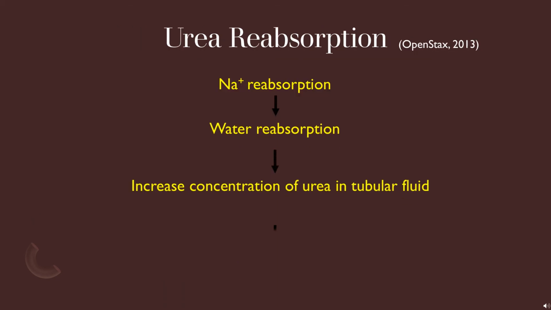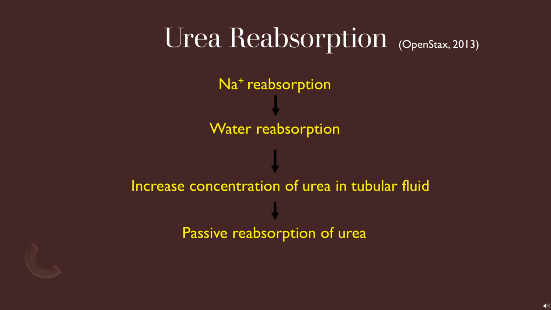Like water, urea reabsorption occurs passively and is linked to active sodium reabsorption. Urea is a term used to describe any waste product that comes from the breakdown of proteins. Urea reabsorption is enhanced by a concentration gradient formed by the osmotically induced reabsorption of water in the proximal tubule following active sodium reabsorption.